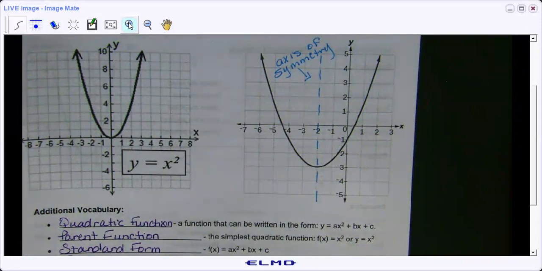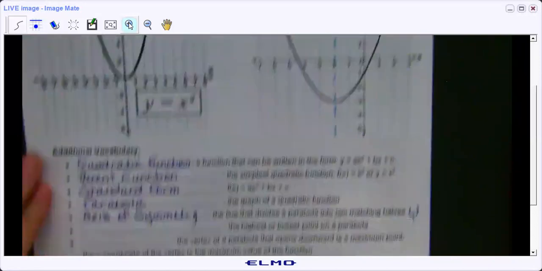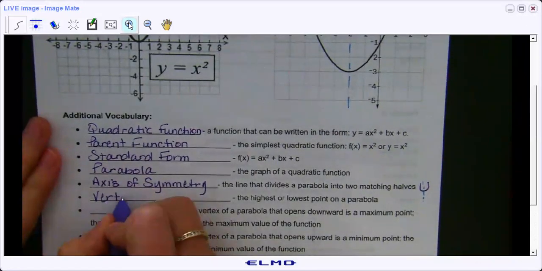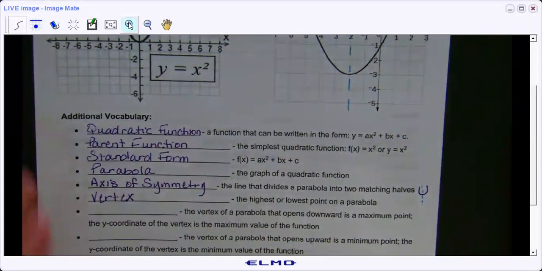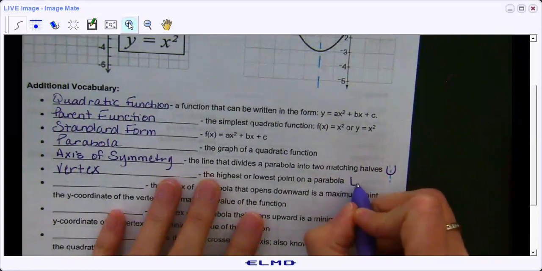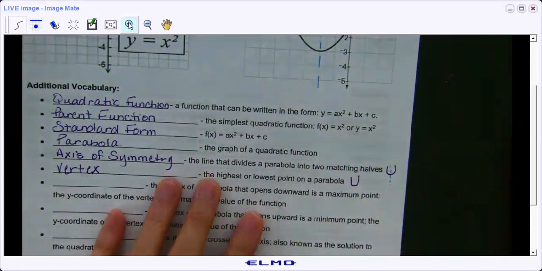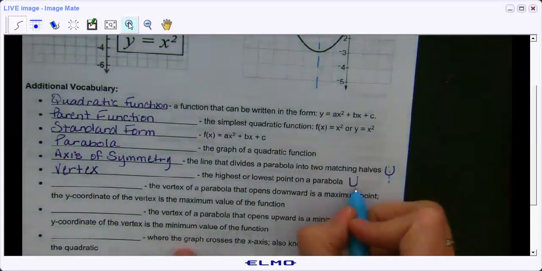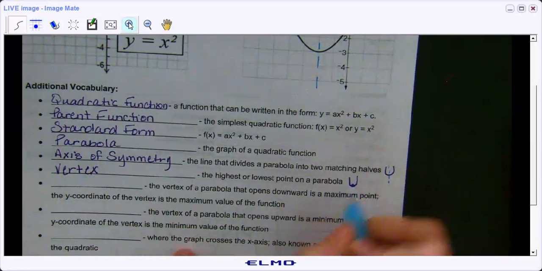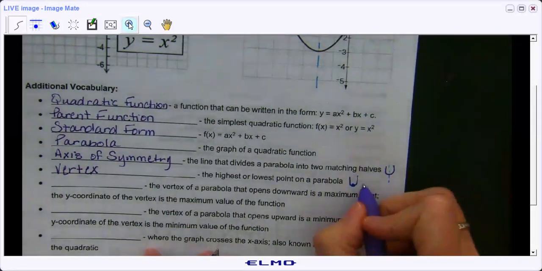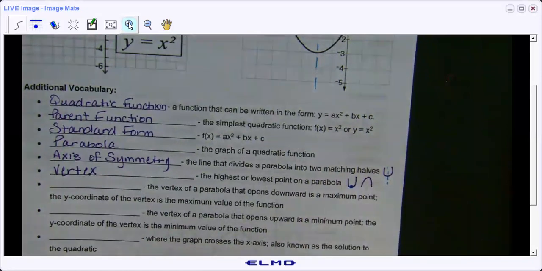Okay, the next one is your vertex. So your vertex is the highest or lowest point of your parabola. In this case, our lowest point would be where the axis of symmetry runs through and touches the lowest point on the parabola, or the highest point on the parabola.